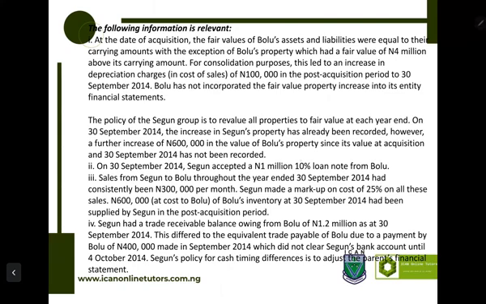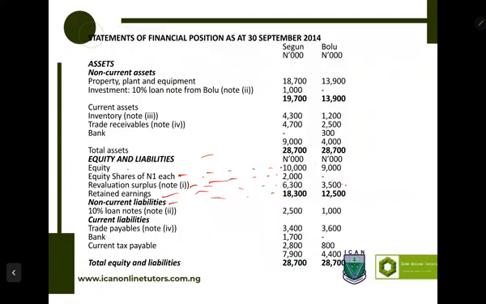We were told that at the date of acquisition, the fair value of Bolu's assets and liabilities were equal to their carrying amount, with exceptions to Bolu's property, which had a fair value of 4 million naira. You go to Bolu's property. The property was valued at 13,900.